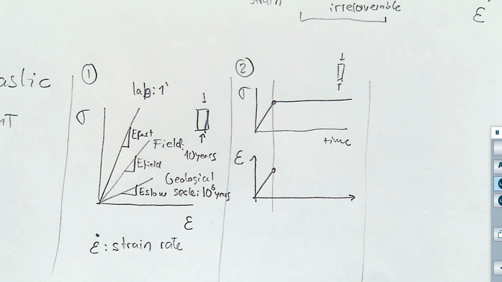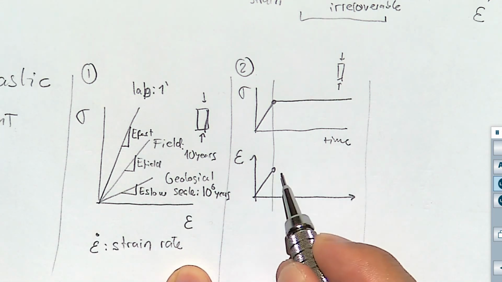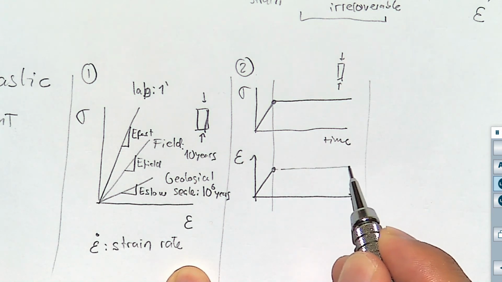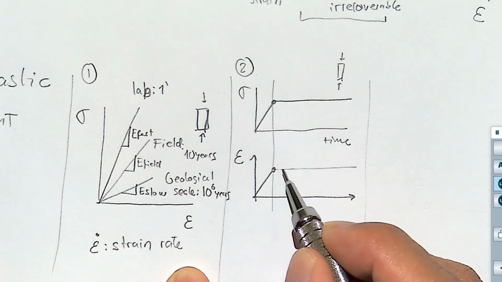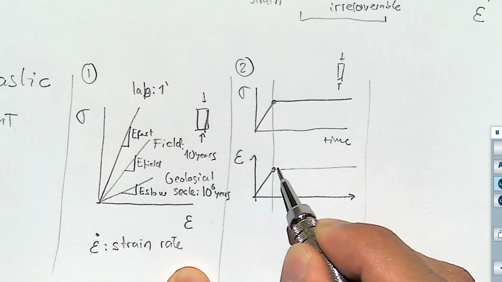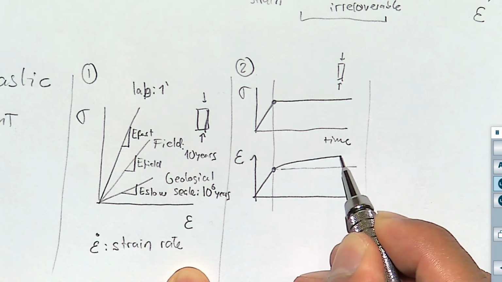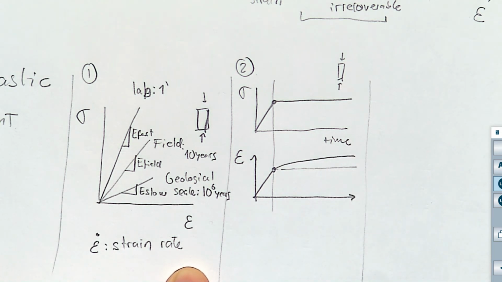Why? And how is that strain called? Anyone knows the name of that? This is going to tend to an asymptotic value, and it has a particular name.